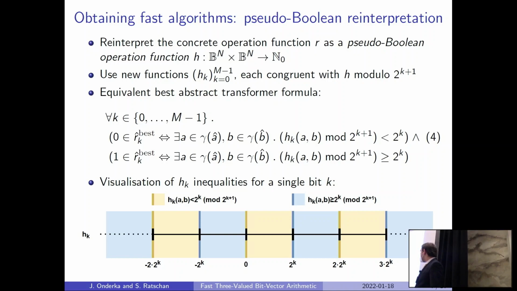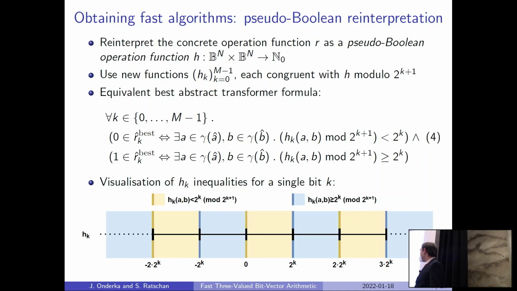We can see that for the inequalities, we have these yellow areas and blue areas. In the yellow areas, the first inequality holds, and in the blue areas, the second inequality holds.